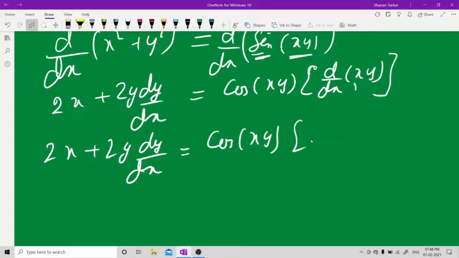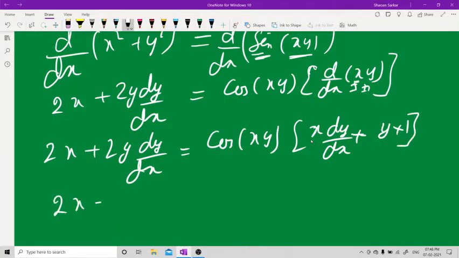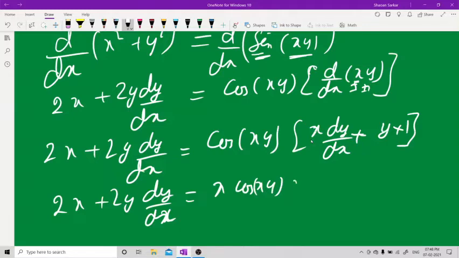Now first and second: x dy by dx plus y into 1, the derivative of x is 1. Now 2x plus 2y dy by dx is equal to x cos xy dy by dx, you're multiplying this whole inside, plus y cos xy.